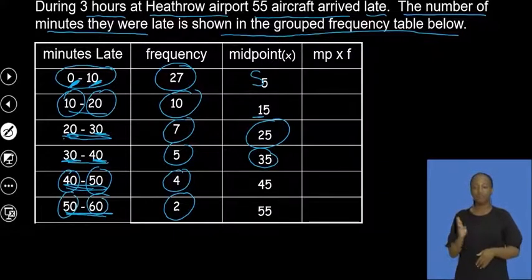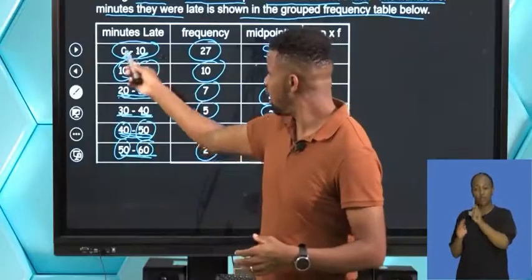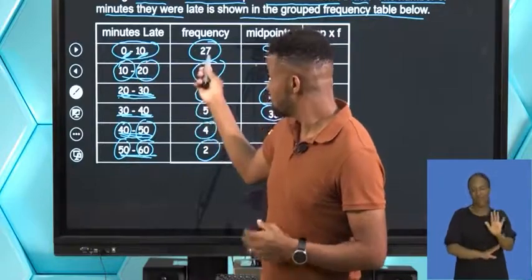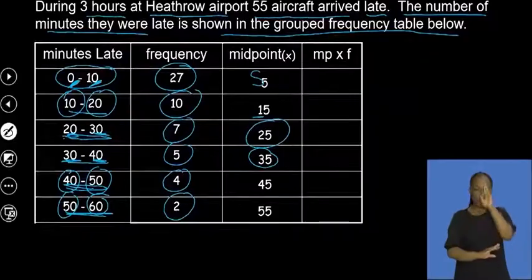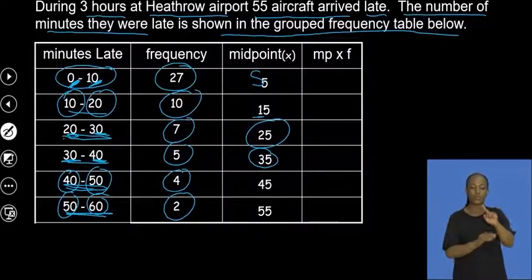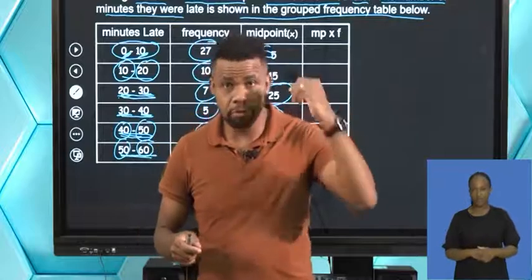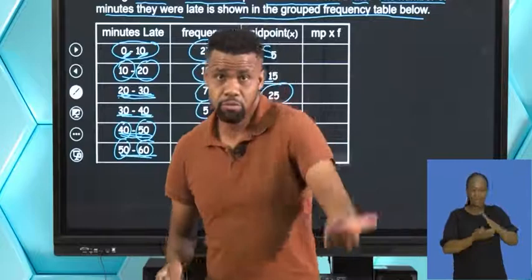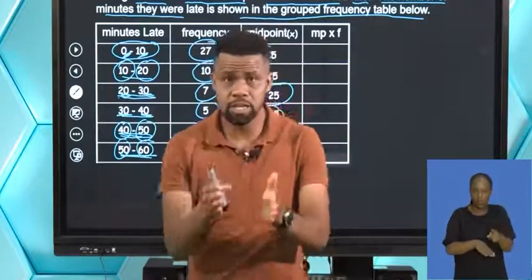What does this mean? Okay, this is the average. Because remember, we have 27 flights, which is the frequency, that arrived 0 to 10 minutes late. So what it means, there is an aircraft which is late by 1 minute, maybe by 2 minutes, by 3 minutes. But this means 27.